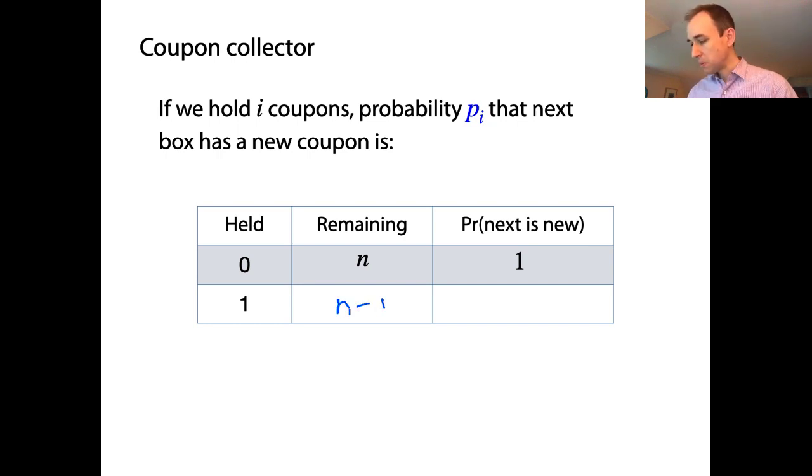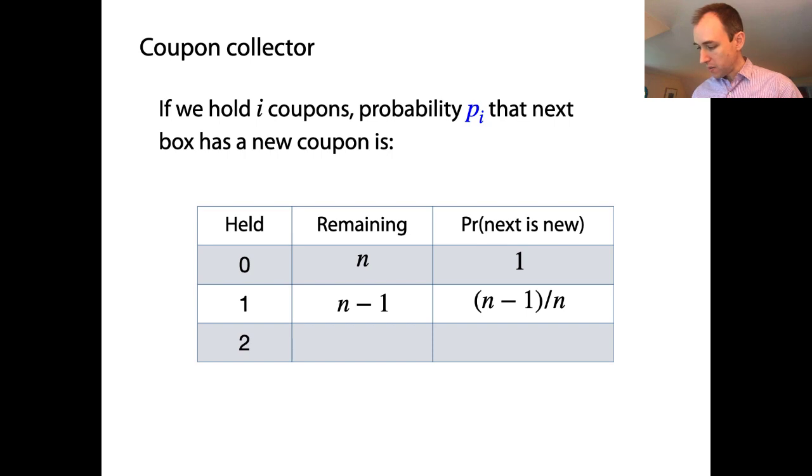What's the probability that the next box, or the next draw, gives me a new coupon? Well, that's n minus 1, the number of remaining coupons, divided by n. In other words, there's a 1 in n chance I'm just going to get the same coupon again and have to keep drawing, but there's an n minus 1 over n chance that I'll get a new coupon.